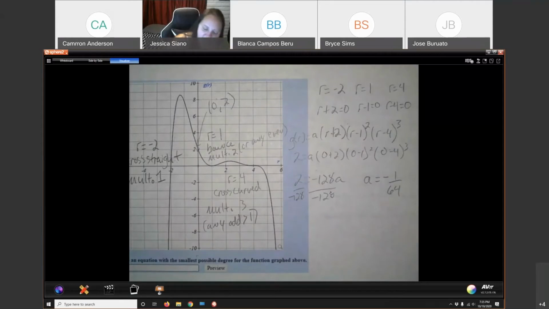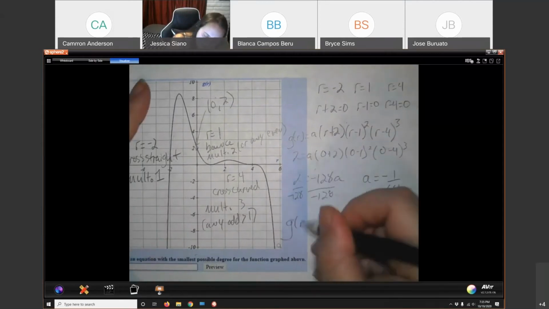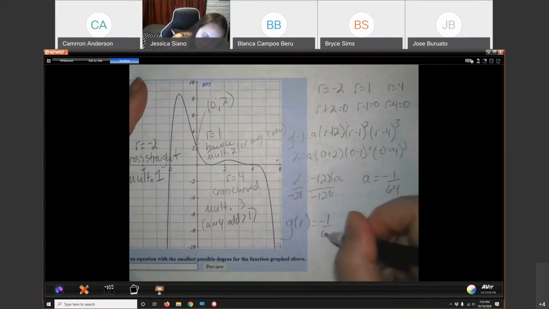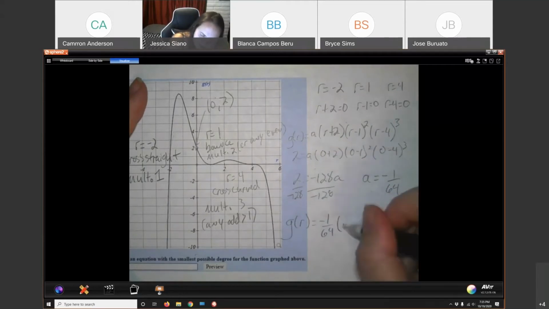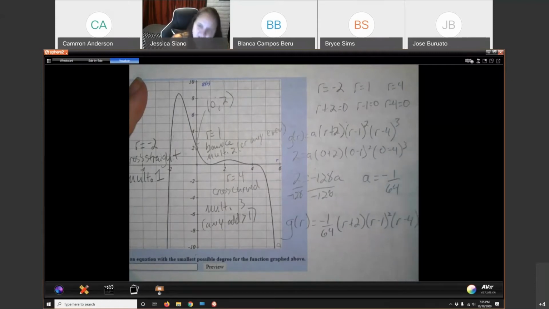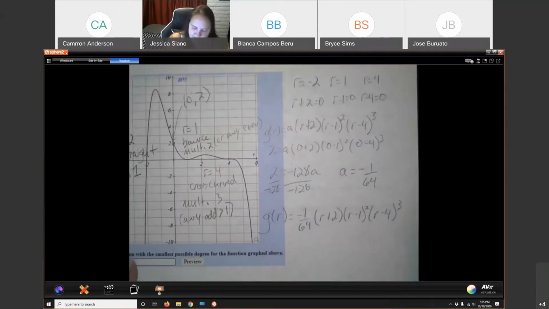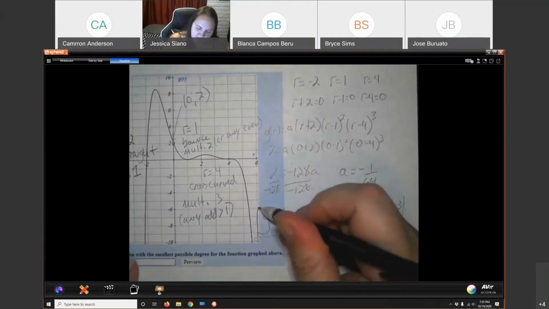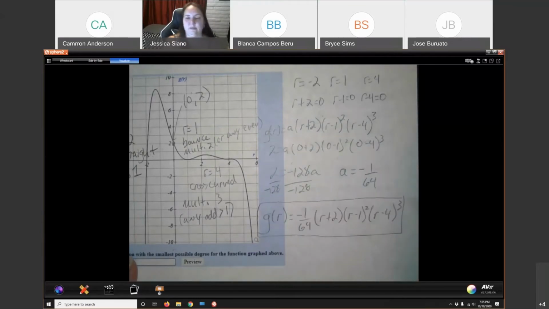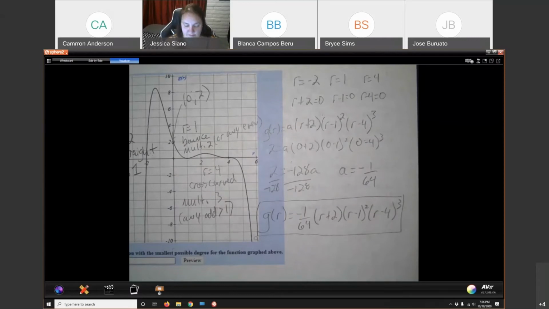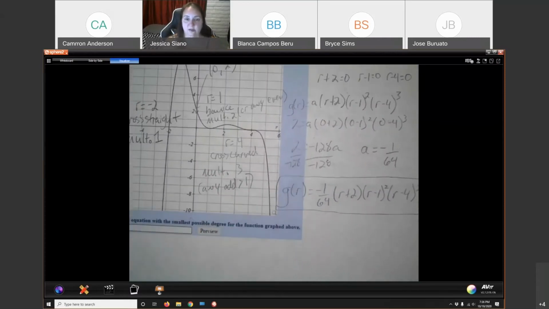And so then my final answer here would be g of r equals negative 1 over 64, r plus 2, r minus 1 squared, r minus 4 to the third. So let's look at the next one.